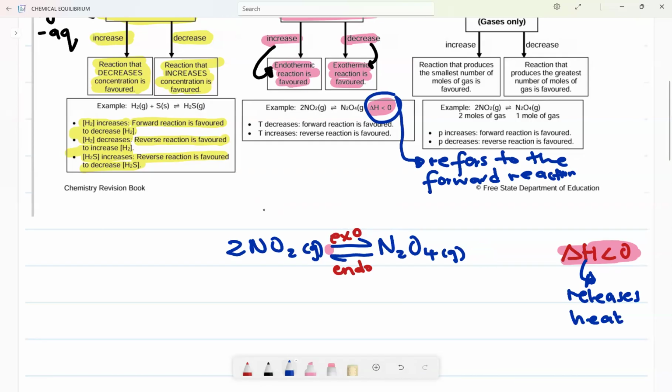Always do this on your question. Plus, you can say heat or change in H. Okay, let's write it: plus heat.